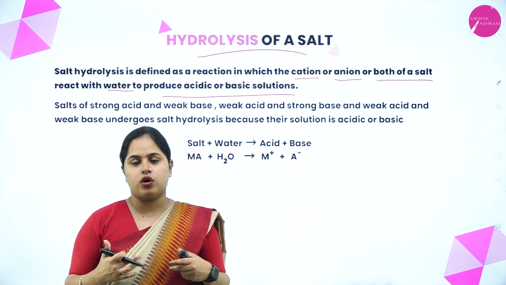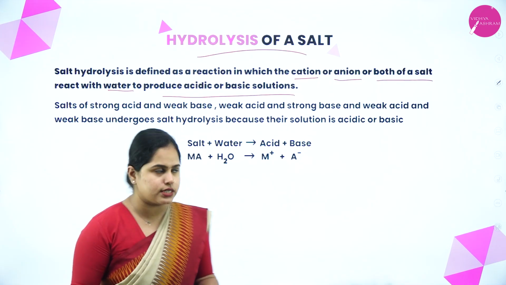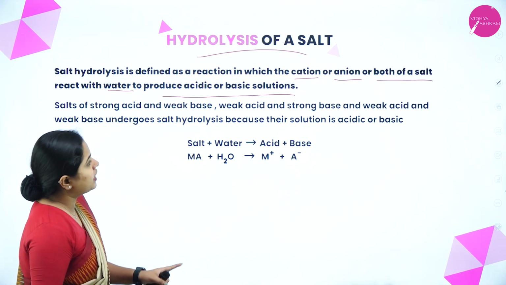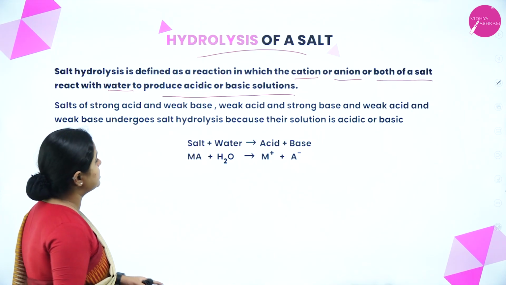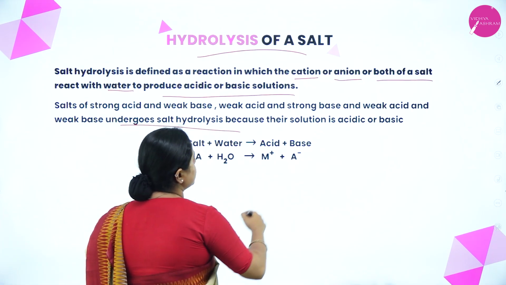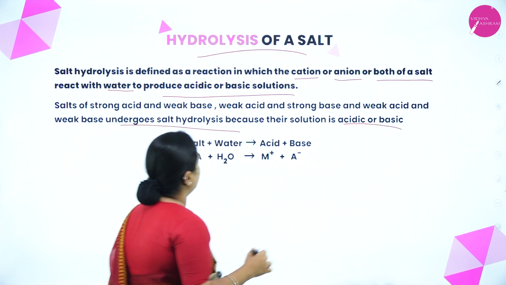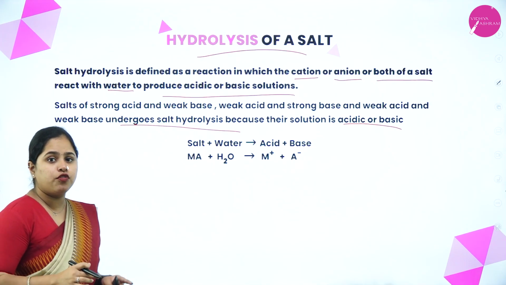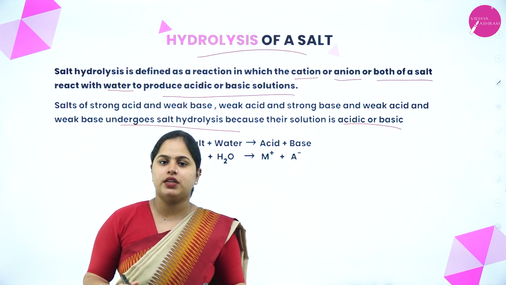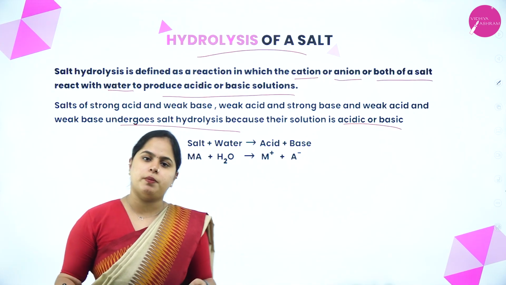So in the presence of water, this is called salt hydrolysis, right? So salts of strong acid and weak base, weak acid and strong base and weak acid and weak base undergo salt hydrolysis because their solution is either acidic or basic. So apart from strong acid and strong base, which is neutral, all the others will give you an acidic solution or basic solution.